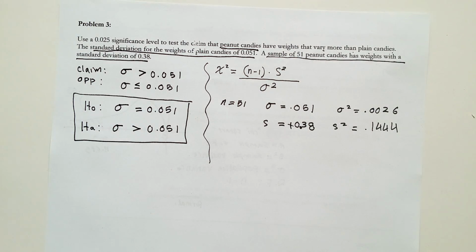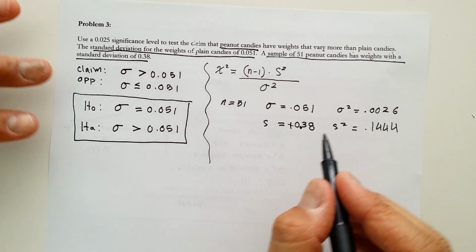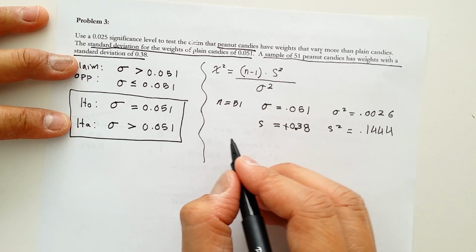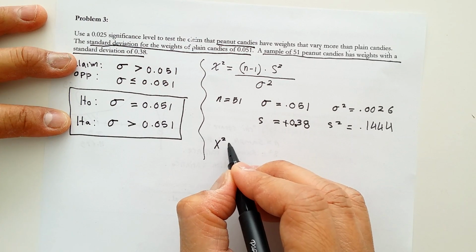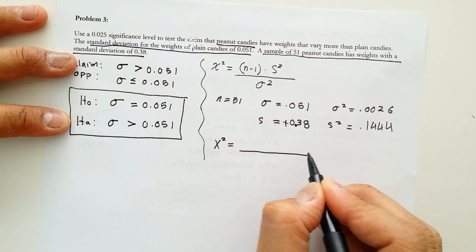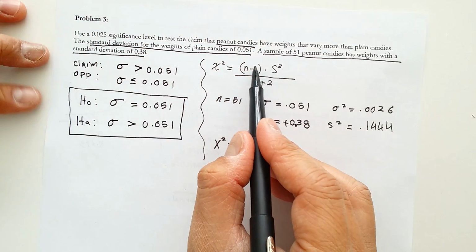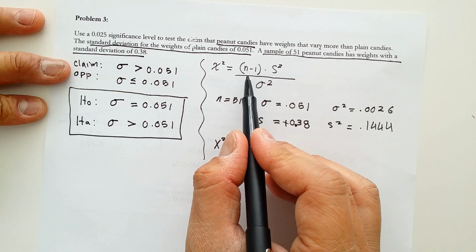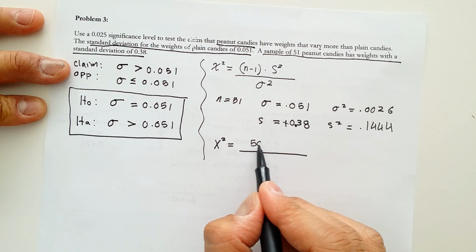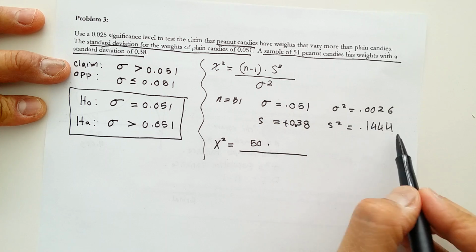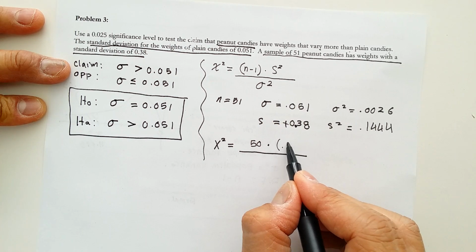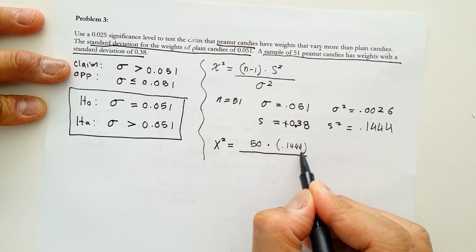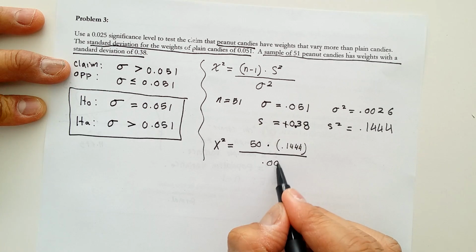So we go back and plug these numbers in to calculate the test statistic. This is 51 minus 1, so that's 50. S squared is 0.1444. Sigma squared is 0.0026.